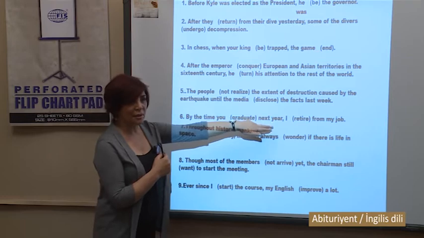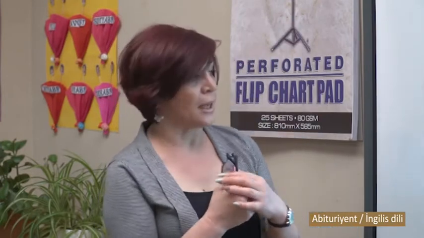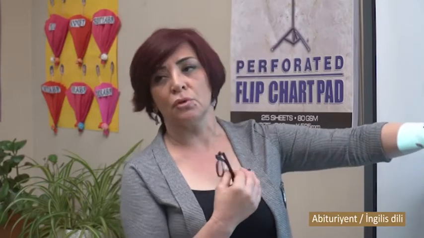By the time you graduate next year. Do you see here, next year? If it is next year, it is information for us that our statement will happen in the future. And as you know, by the time you next year, it is an adverbial clause of time.